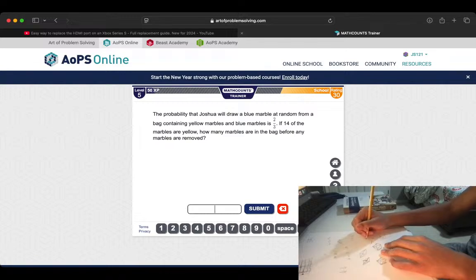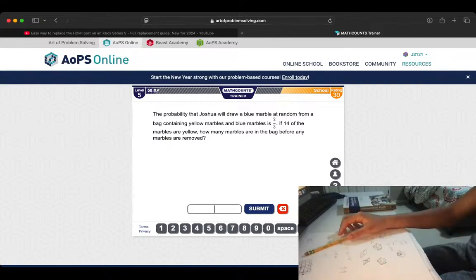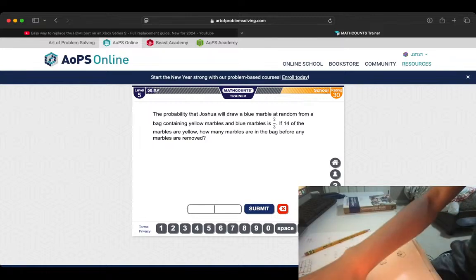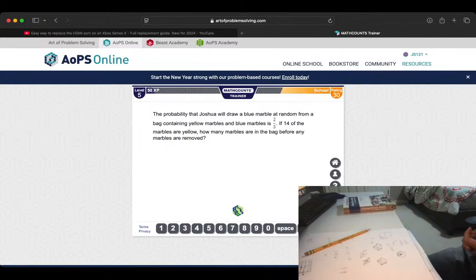Then there's going to be 21. So it's a ratio. Blue makes up 1/3 of it. It's just... Okay. I have a feeling they're trying to trick me.